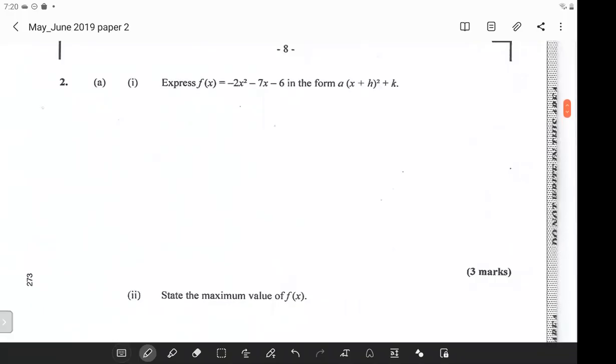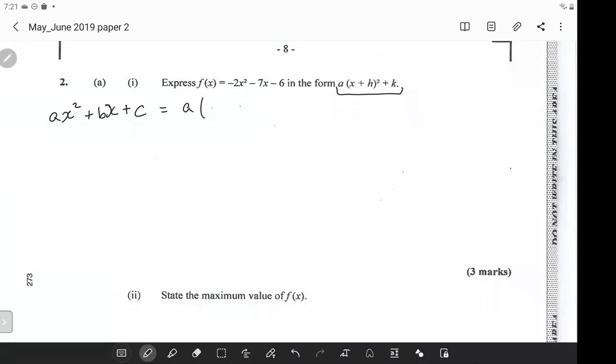So if we express ax squared plus bx plus c, and we want it equal to a(x plus h) squared plus k, well, we can expand this out.